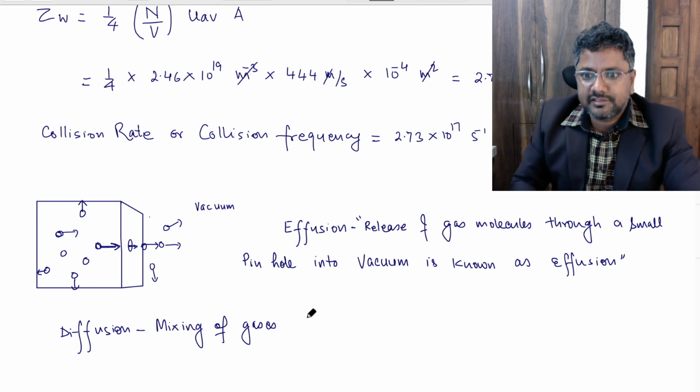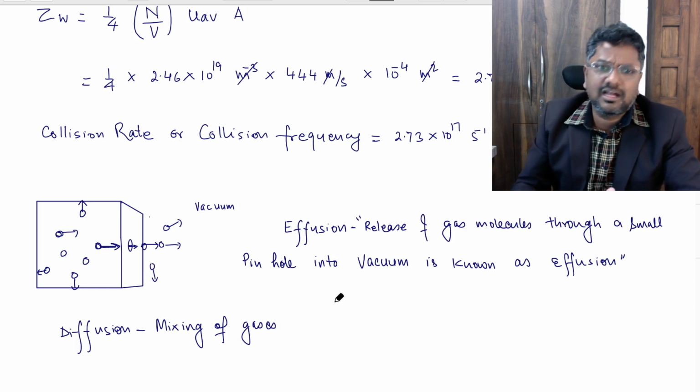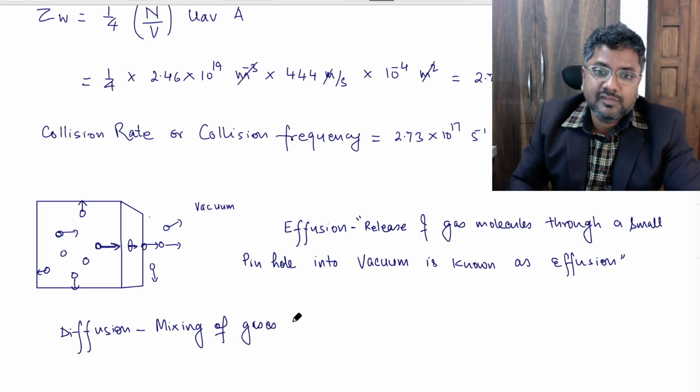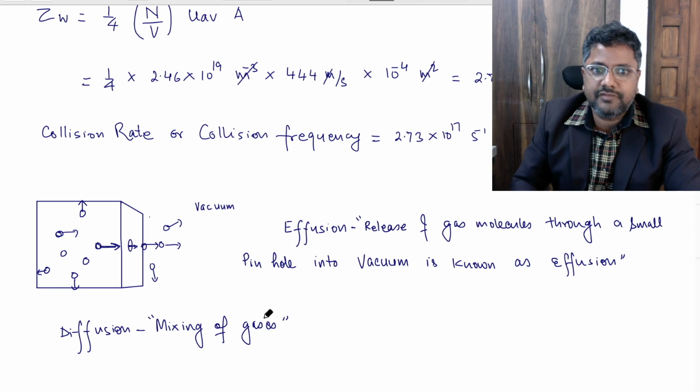Mixing of gases through a large surface area is called diffusion. So simply you can say mixing of gases is called diffusion.